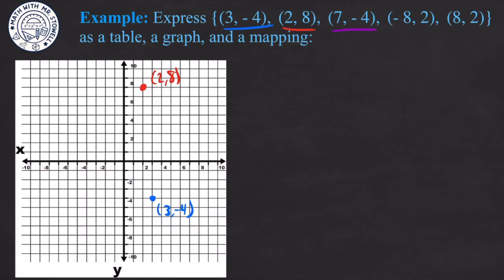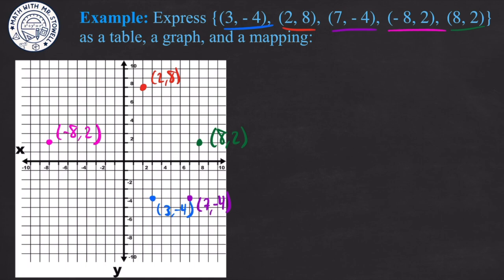So if we go 7, negative 4, that would be right here. We can have negative 8, 2. So negative 8, 2 we would have over here. Remember, x is always first. Then we have 8, comma 2, which can be right here. So that would be this represented as a graph.